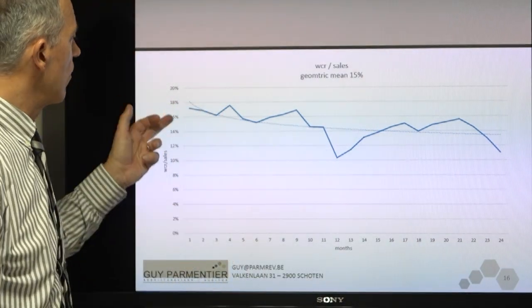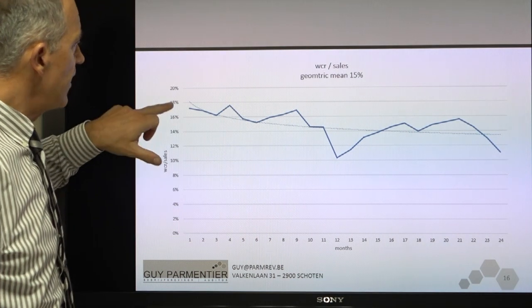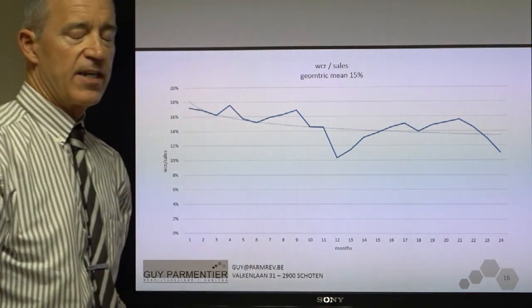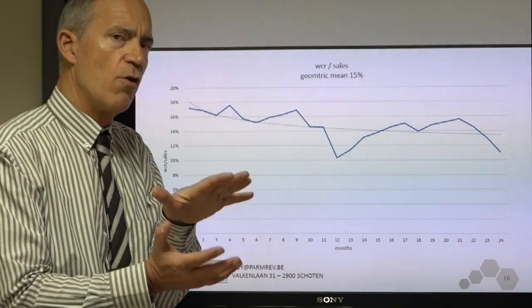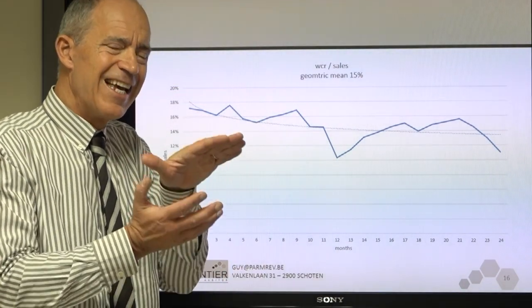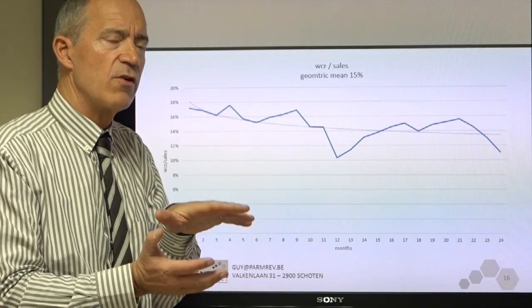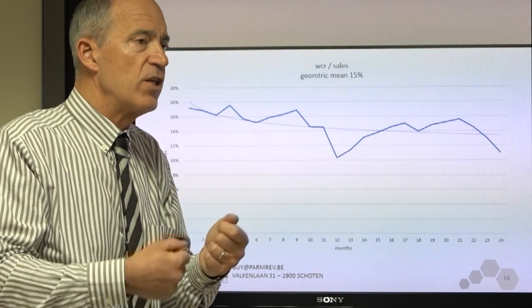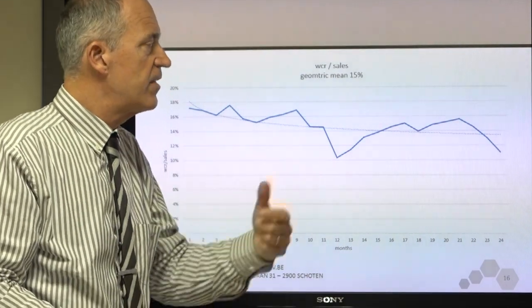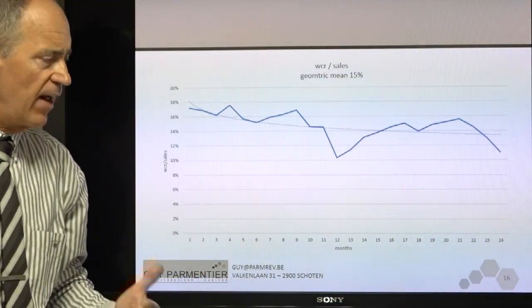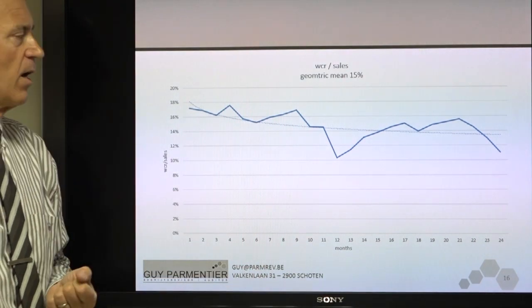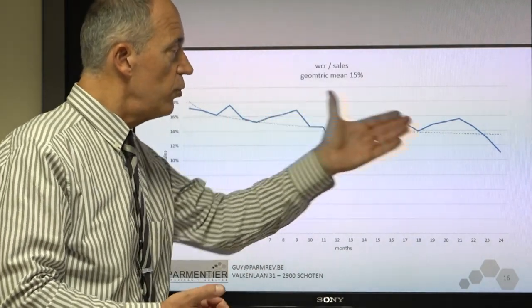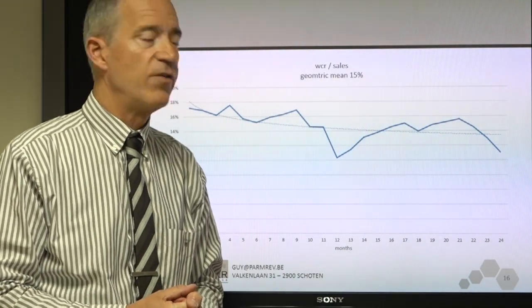Another reason why you should not do it: suppose that this 18% going to approximately 12-13% is 6%, and they have a turnover of 1 million euros. That means 6% of 1 million euros is 60,000 euros, and if you would make an actualization with a cost of equity of 10%, you would calculate 600,000 more in value just due to the decrease of the working capital requirement.